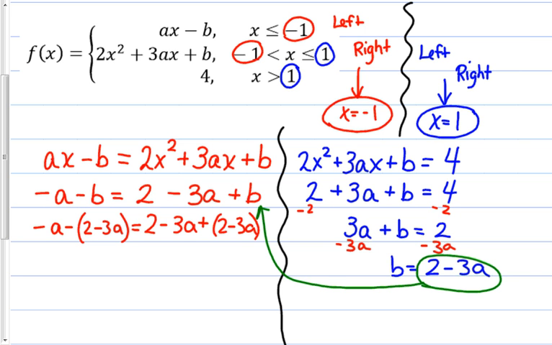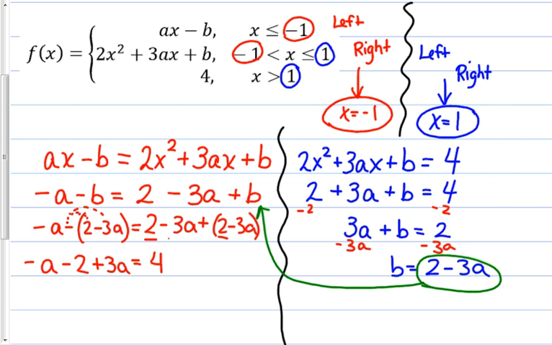And now I can simplify, and I can actually solve this equation because I only have one variable instead of two variables. So let's see, negative a minus 2 and then plus 3a, because this negative got distributed to both of these, equals, let's see, I've got a 2 and another 2, so it's 4.